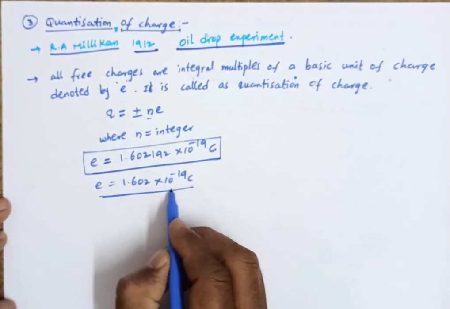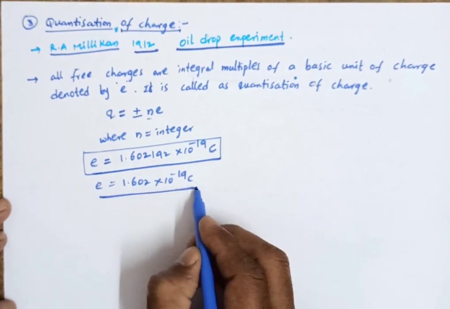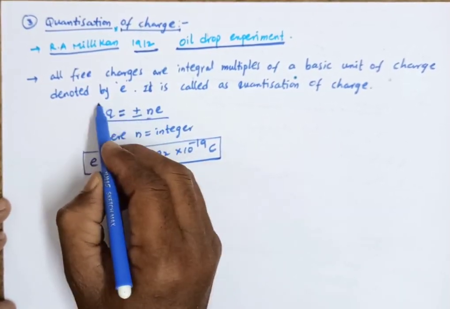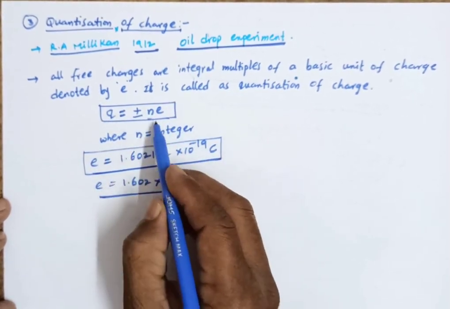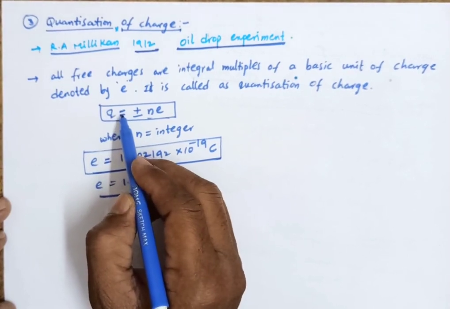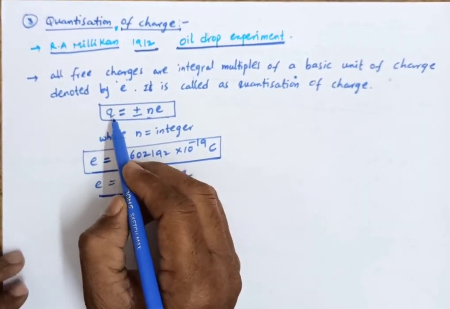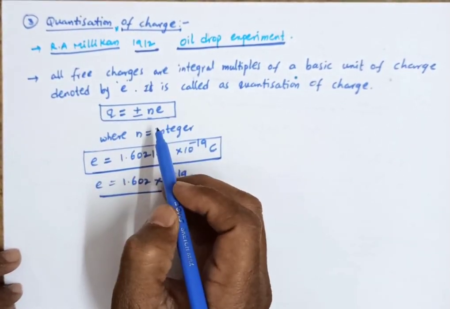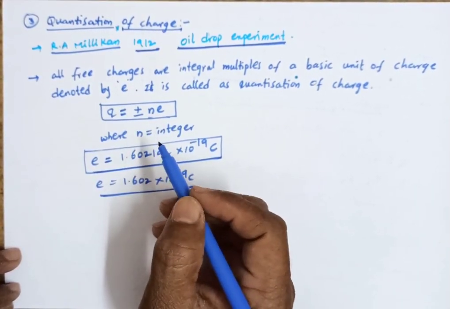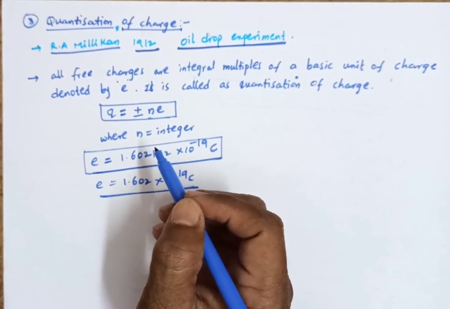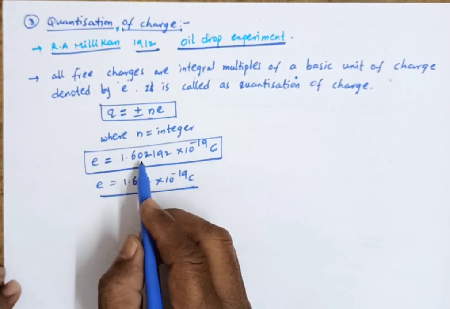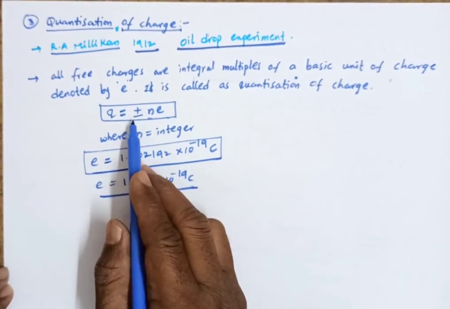This is the basic unit of charge. This equation explains the quantization of the free charge of a body, q equals plus or minus n e. The fact that electric charge is always an integral multiple of e is termed quantization of charge.